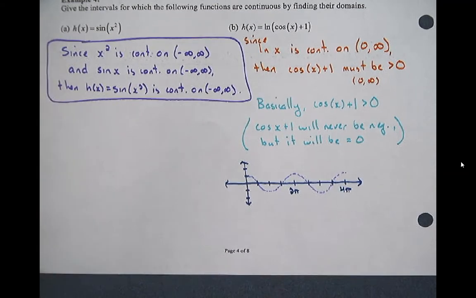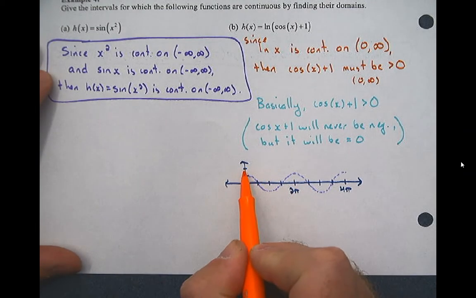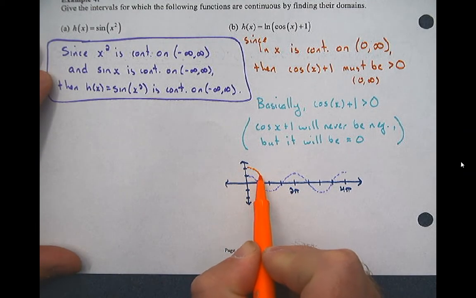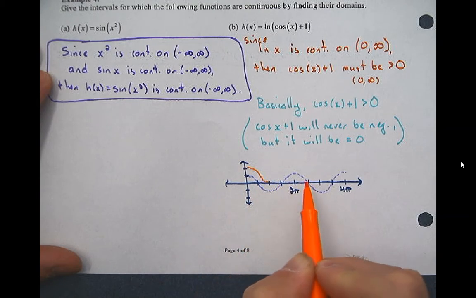Then I'm going to take this again. There's a second cycle. Now, what's the function we're talking about, though? We're talking about cosine of x plus 1. So what's that going to do to all those y values? It's going to shift it up 1 level. So now this is my low point.